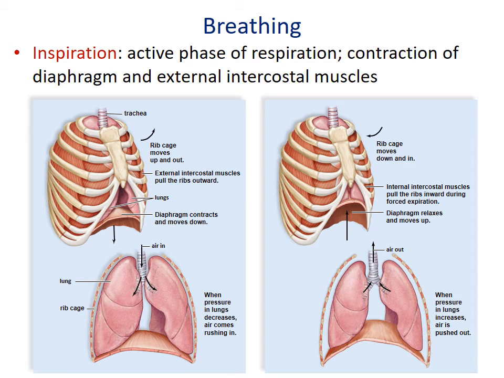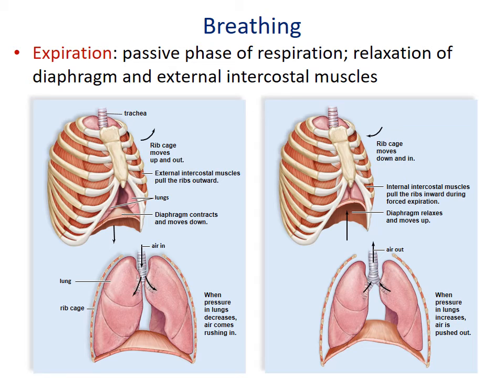At the same time, muscles called external intercostal muscles are going to pull our rib cages up and out. And the combination of our diaphragms moving down and our rib cages moving out is going to significantly increase the volume of our lungs and our thoracic cavity. So when we increase the volume, we decrease the pressure, and that causes air to flow in to our lungs.